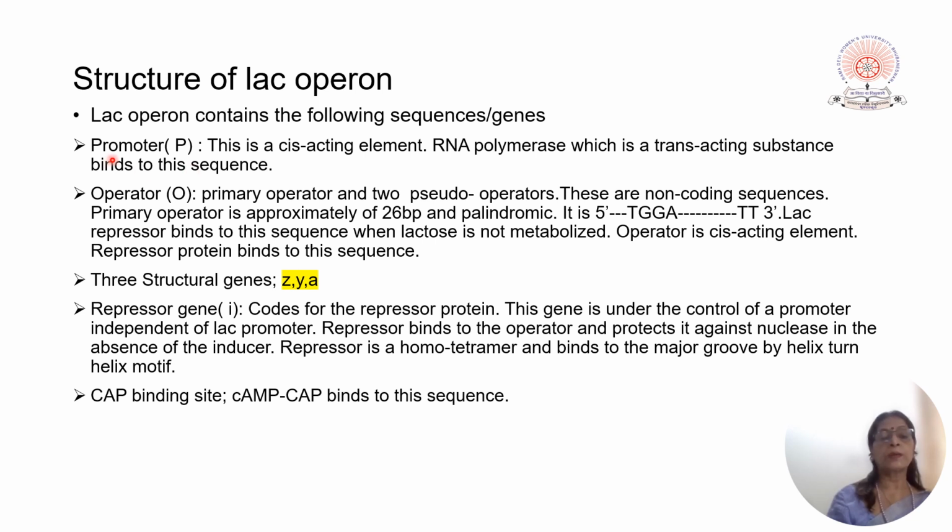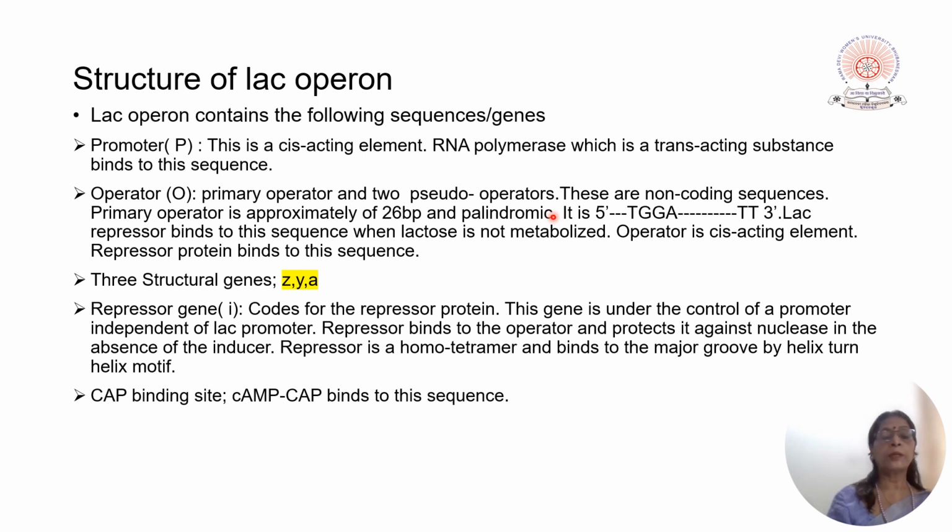The promoter is the sequence to which the enzyme RNA polymerase binds. RNA polymerase is coded for by another DNA, so it is a trans-acting substance. The operator is the sequence to which the repressor binds, and there are two types of operators in the lac operon: the primary operator and two pseudo operators.